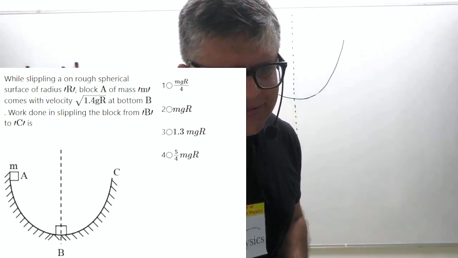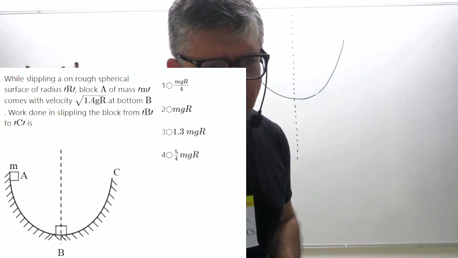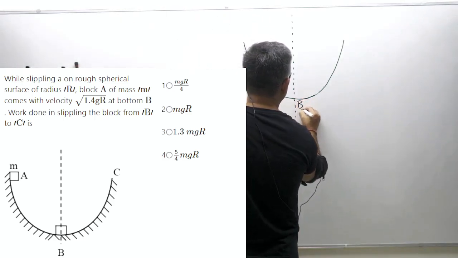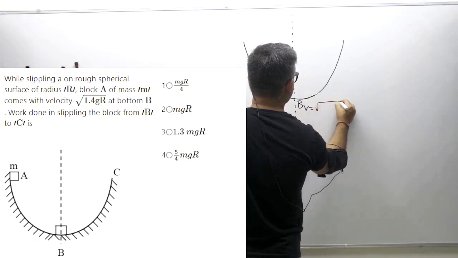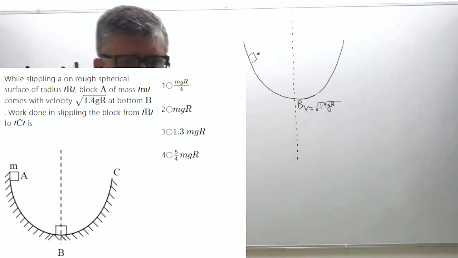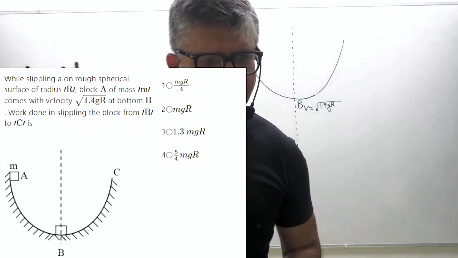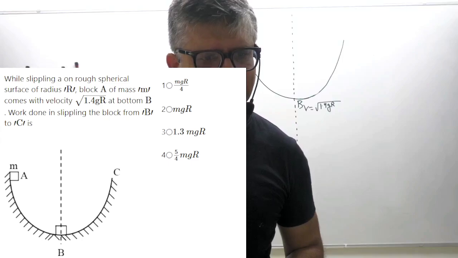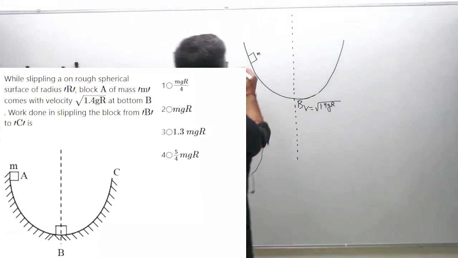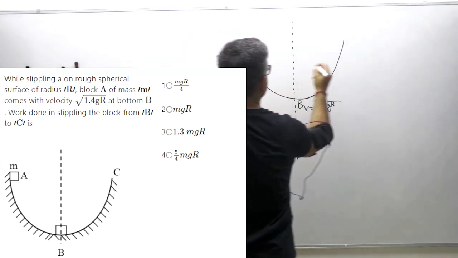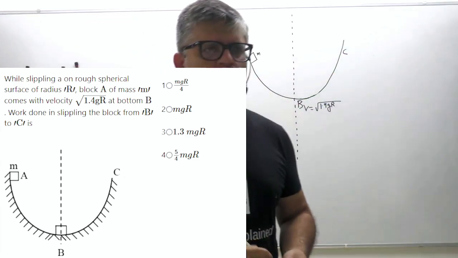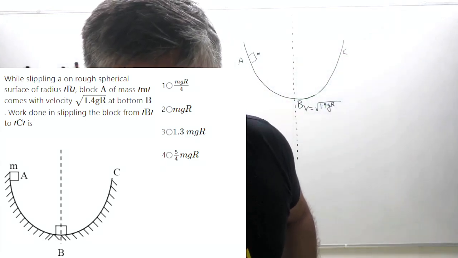The block of mass m comes with a velocity of under root of 1.4 gr at the bottom point P, where r is the radius of the spherical surface. And what is the work done in slipping the block from B to C? So this is your point A, and this is your point C, which is directly opposite to A if you notice. What are the thoughts in your mind?